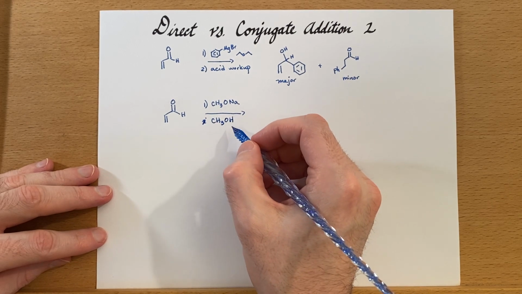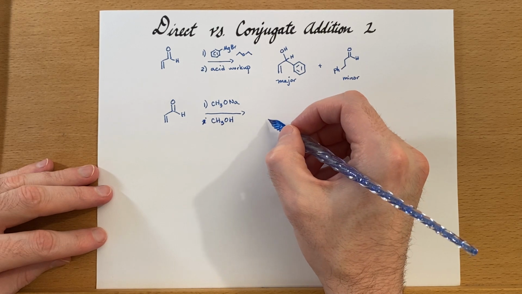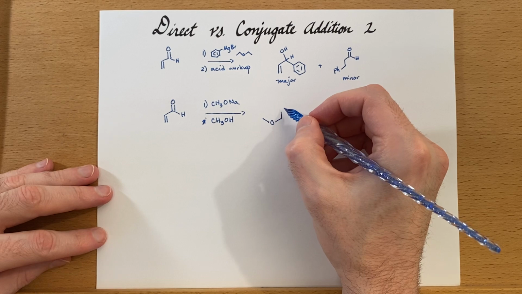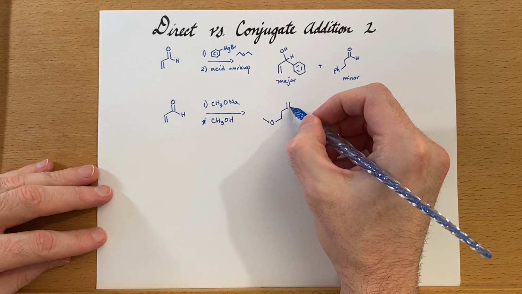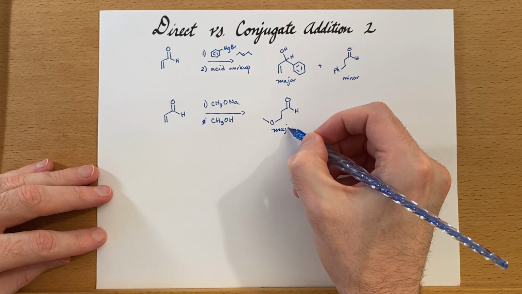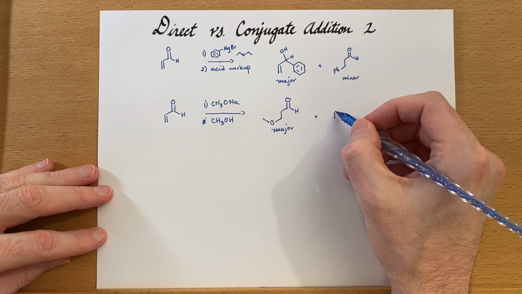And this will provide us with the protons that we need for the workup. So now in this case, our major product is the 1,4 addition. And our minor product is the 1,2.